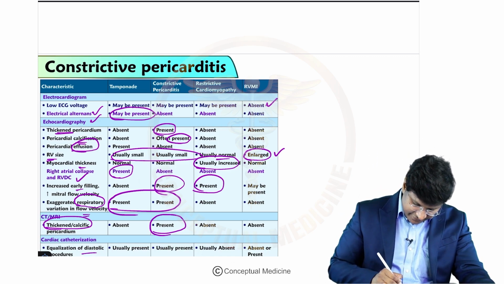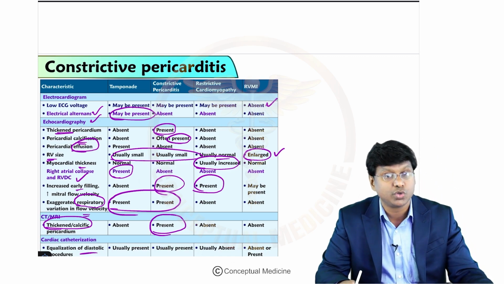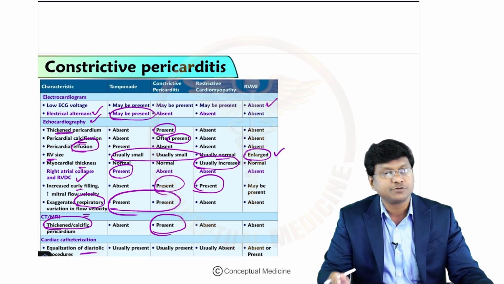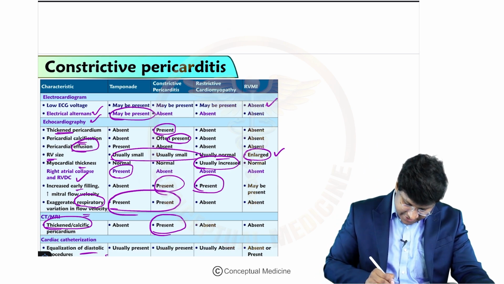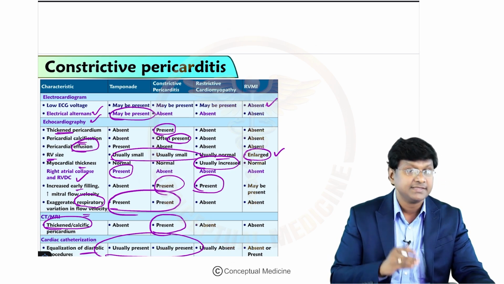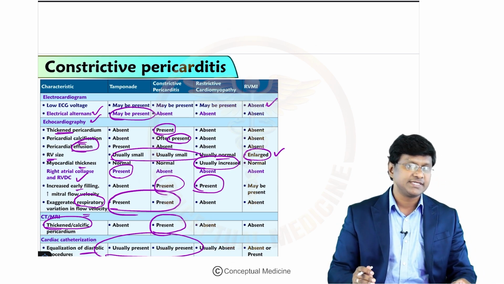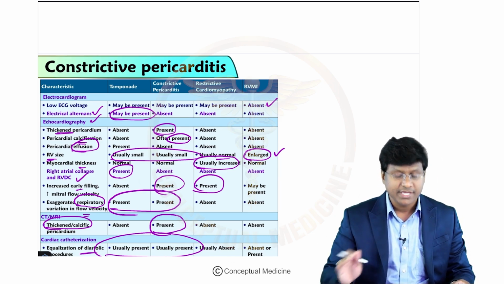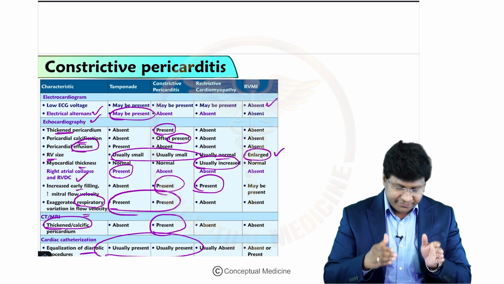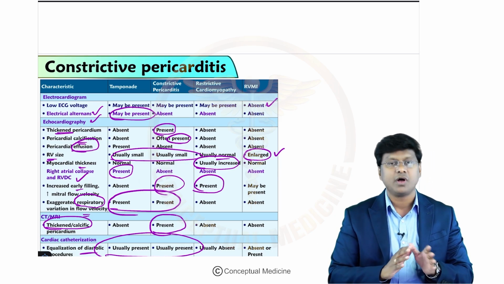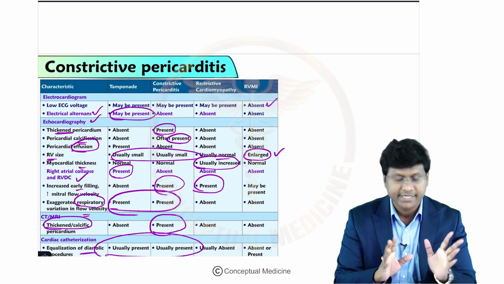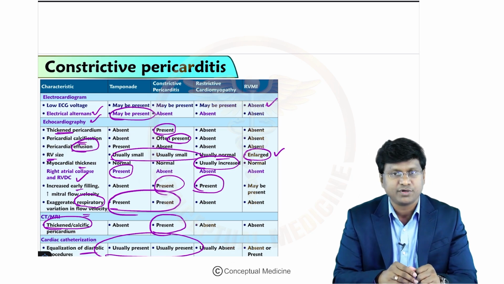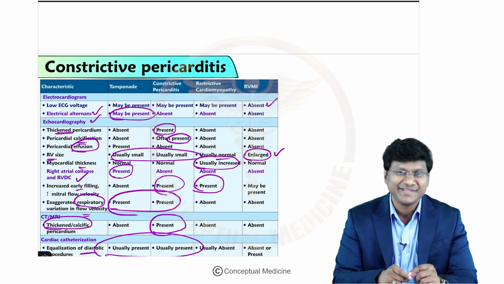Then equalization of the diastolic pressures is usually present in the first two clinical scenarios, that is, cardiac tamponade as well as constrictive pericarditis. Okay, so these are some of the very important differences between all these clinical scenarios. With this, I am done with the topic of constrictive pericarditis. Thank you very much.